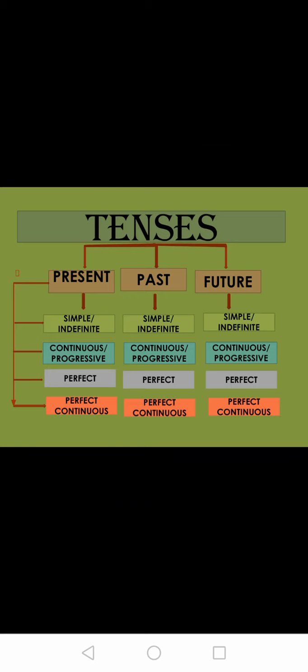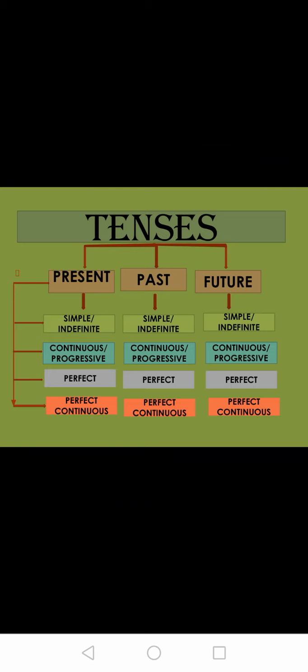Let's see the table of tense. This is a diagram, students. Present, past and future tense. These are the three types of tense. Now these three types of tenses are further divided into four kinds.